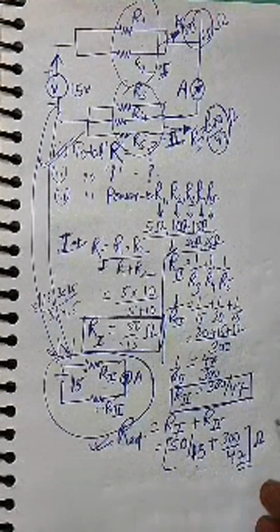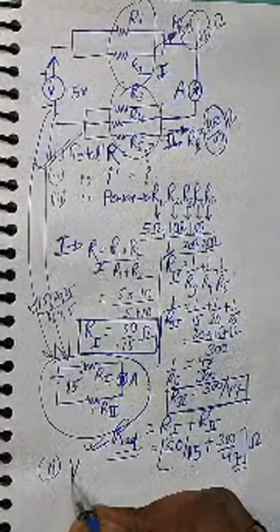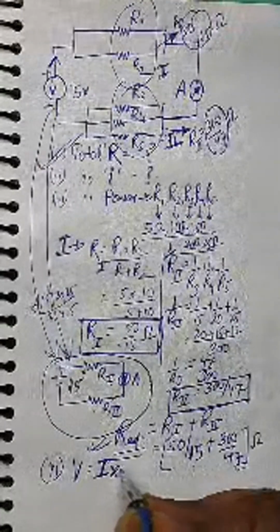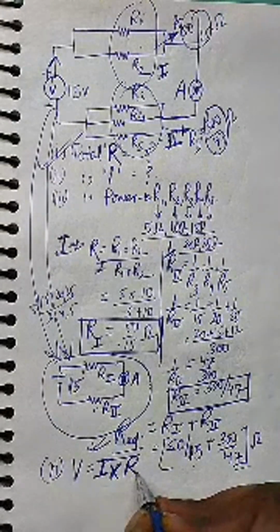Now, since we have calculated the total equivalent resistance, by Ohm's law we know that voltage is proportional to current, and when we remove the proportionality constant, R will be multiplied to it, right?